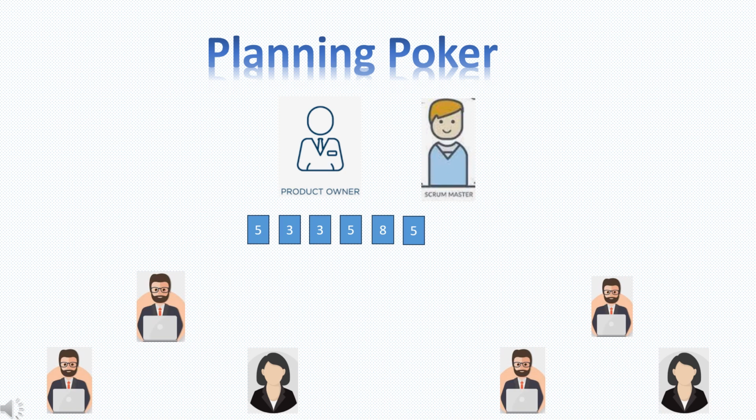When requested by the Scrum Master, each team member discloses the card that has the number that they think the story should be sized at. If there are any outliers, the team member explains why they came up with the extra high or extra low size. And then after discussion, the team members re-estimate, and this continues until the final number is reached.